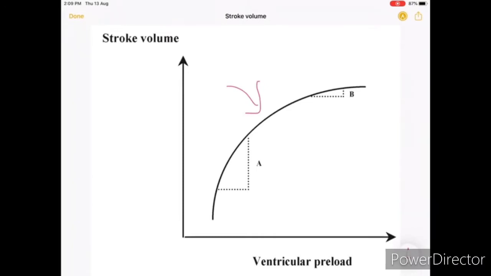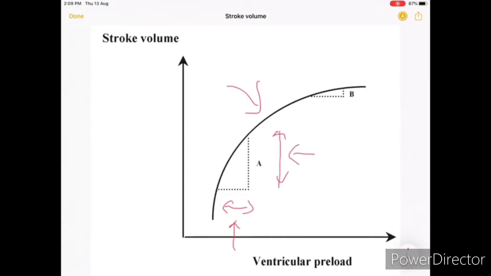So if the ventricles lie in that part of the curve which is more vertical, then a particular increase in the fluid volume, that is end diastolic volume or the preload, will result in a significant increase in the stroke volume, as you can see here.